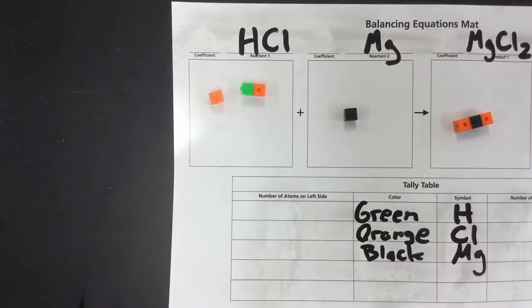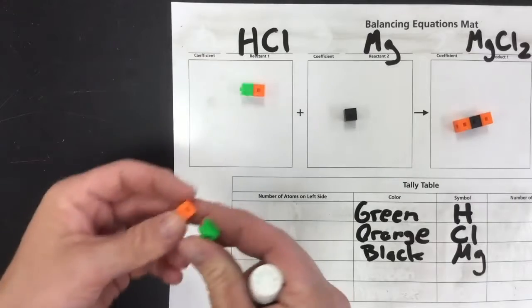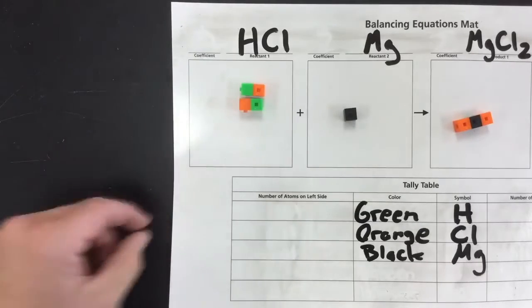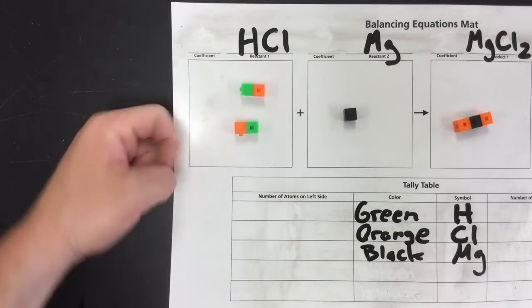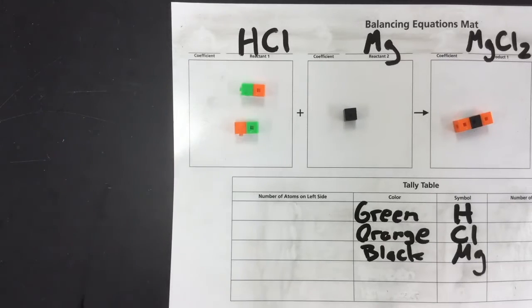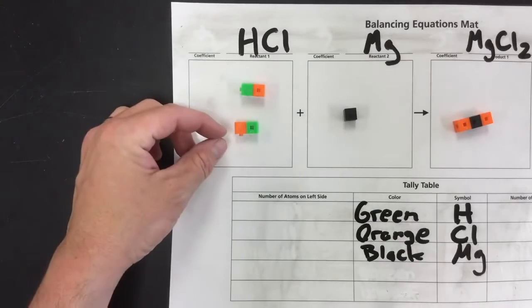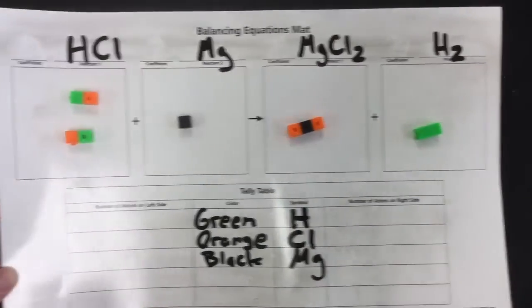So if I add another chlorine, a hydrogen comes along with it. So now I have 2 hydrochloric acid particles. That balances the chlorine, 2 on this side and 2 on this side.